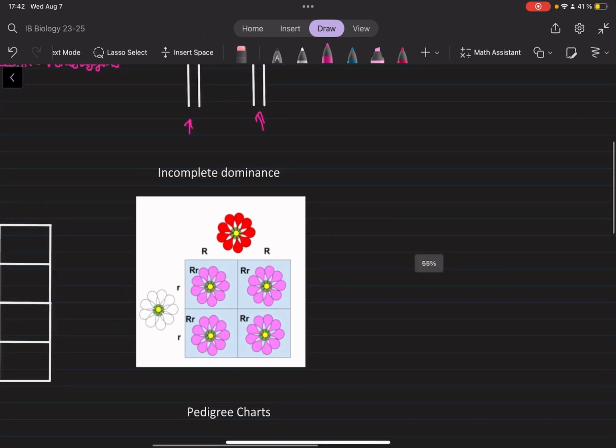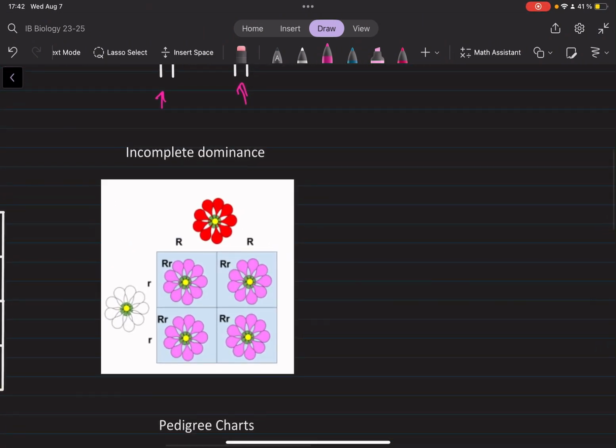Now, incomplete dominance is also pretty simple. Essentially, this is when the dominant allele doesn't express fully, so it allows some of the recessive allele to show through. So for example, this would be the dominant allele, and this is the recessive allele.